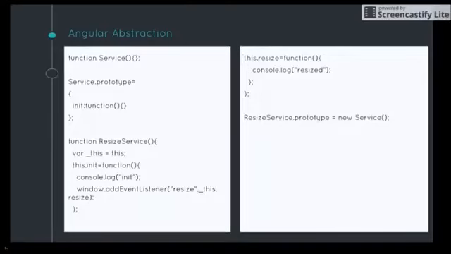All it does is log out resize. The resize service then inherits from service. Great, so we've done it in pure JS. We've created inheritance with the service and the resize service. Now I'm going to show you how to add that to Angular.